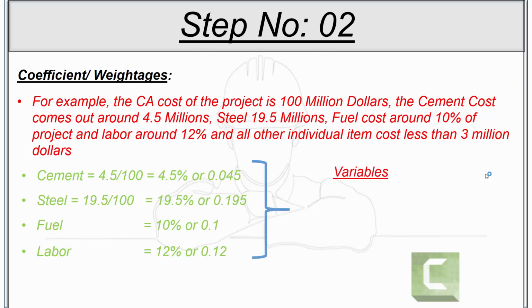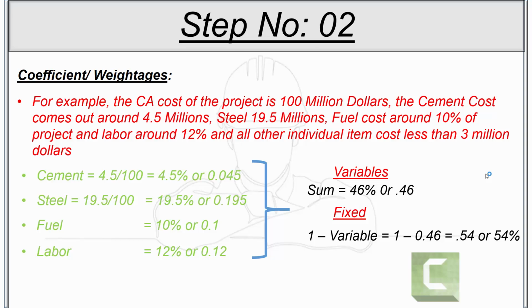Now we need to sum all these variables: 4.5 plus 19.5 plus 12 plus 10, which is equal to 46% or 0.46. The sum of fixed and variable is one. If variable is 46%, then fixed will be 1 minus 0.46, which is 54% or 0.54.